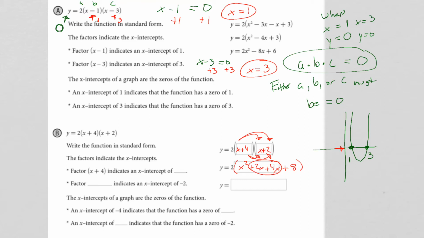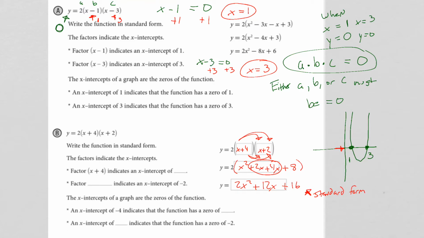So we have basically 2 times x squared, which is 2x squared, 2 times 6x, well, 2 times 6 is 12, so 12x, and then 2 times 8, which is 16. So that's the standard form, right? This would be the standard form, not the factored form.